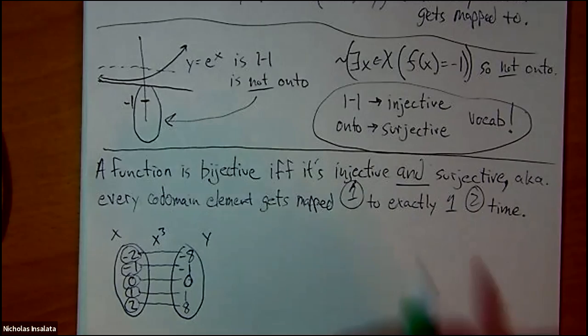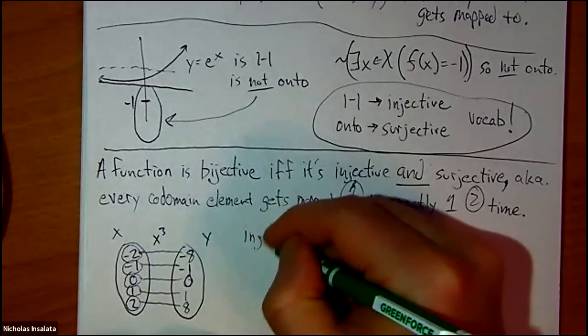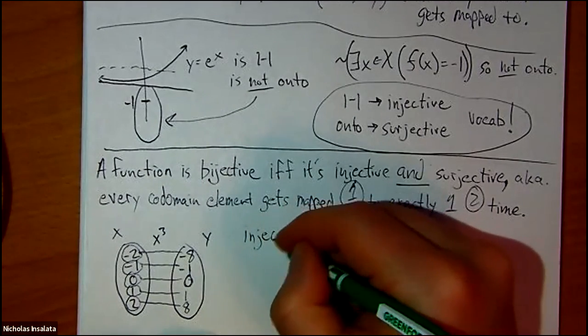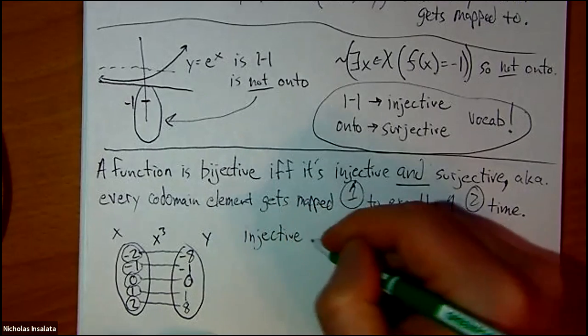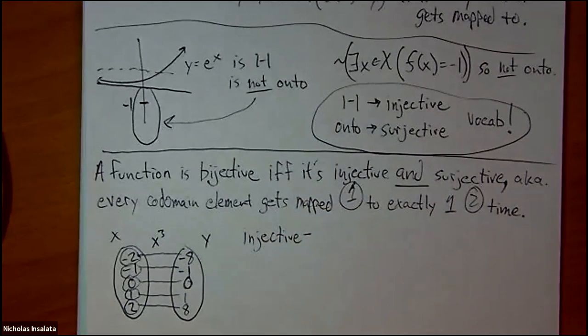So what is injective saying about the codomain elements? It's 1-to-1. Okay, but what about the numbers of things being mapped to or doing the mapping?